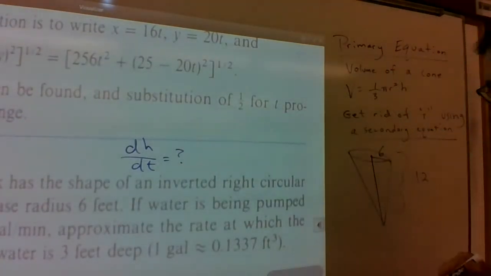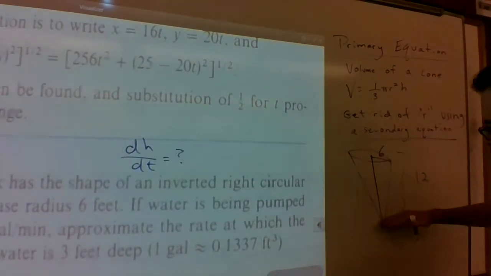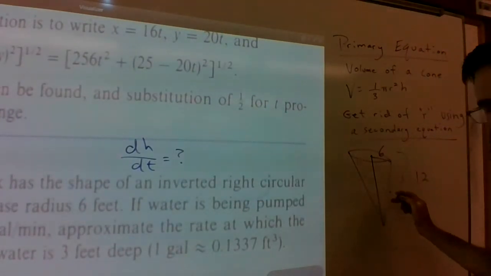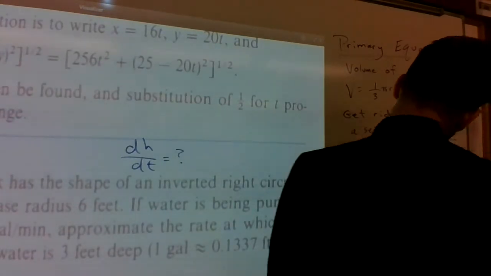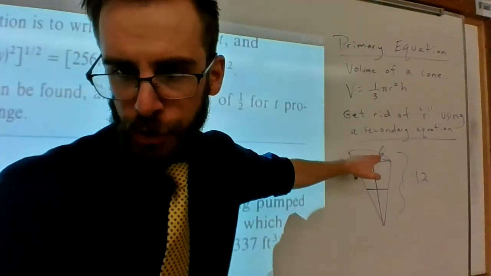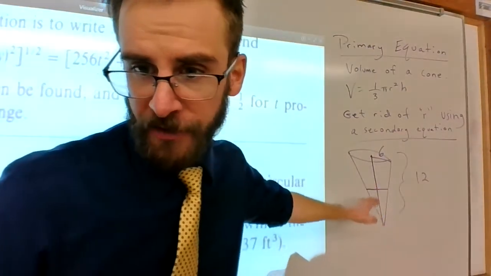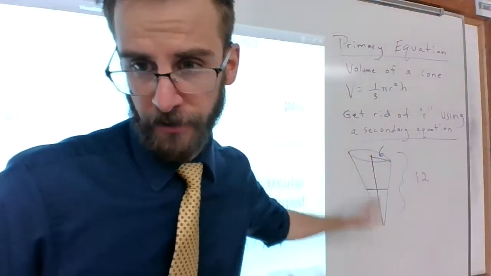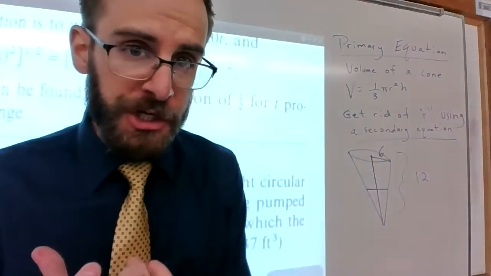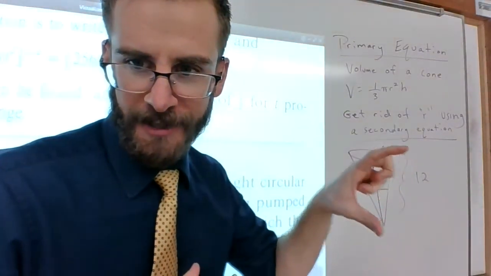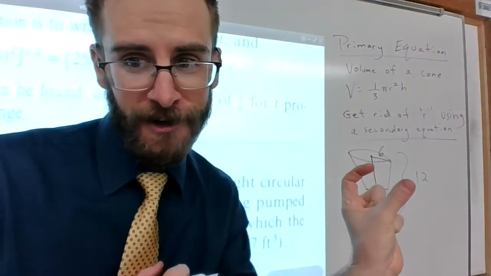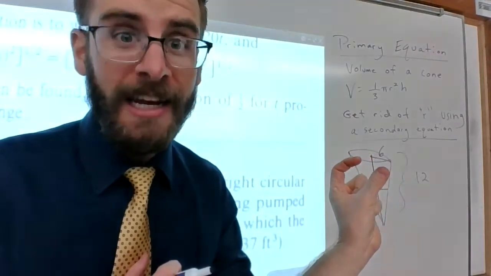And basically what you do here is, no matter what the height of this water is, so let's just arbitrarily point to this being a height, you create similar triangles, the little triangle in the cone and the big triangle in the cone, in which the ratio of the altitude to the radius, okay?